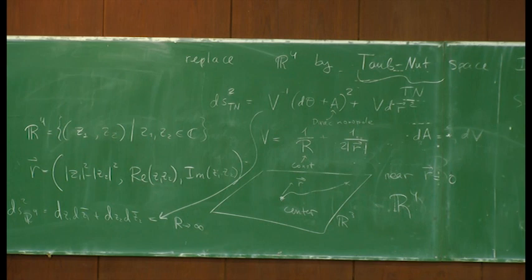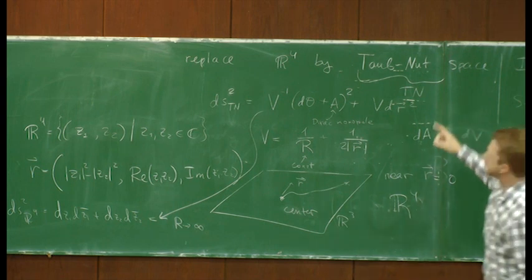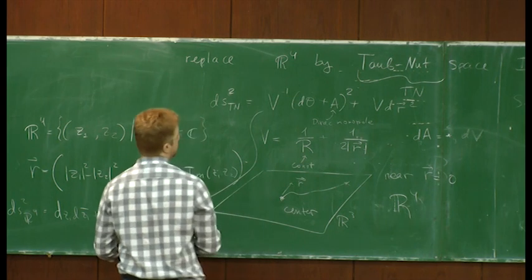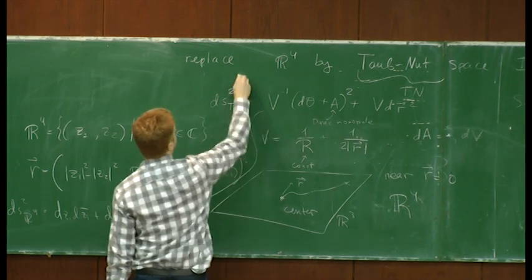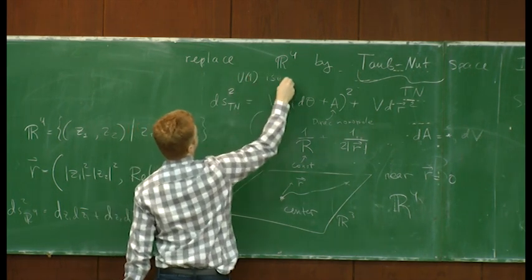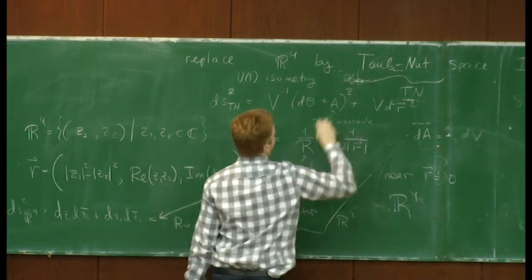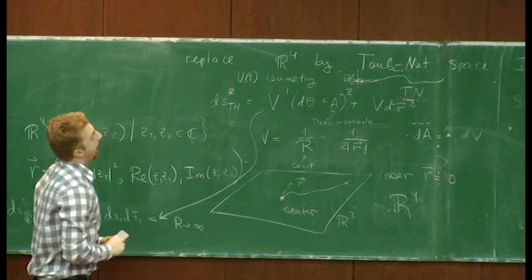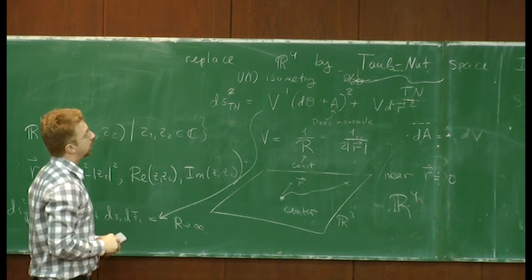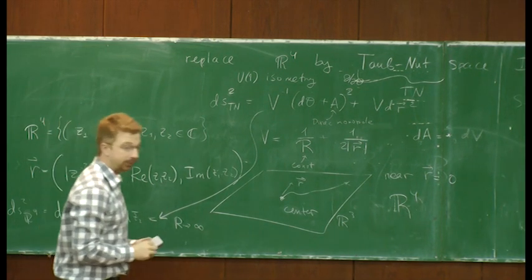And when you do these manipulations with a twist, you're only interested in the local geometry near the origin. So this is just as good. On the other hand, this space is interesting. It's nice because it has this special U1 isometry, which is just shifts of this coordinate theta. And you can do T-duality with respect to this isometry.